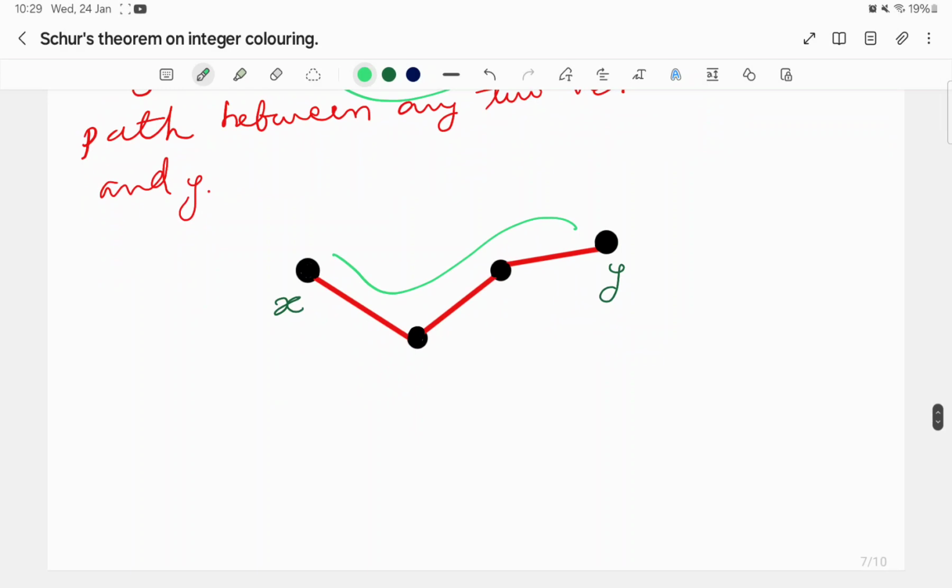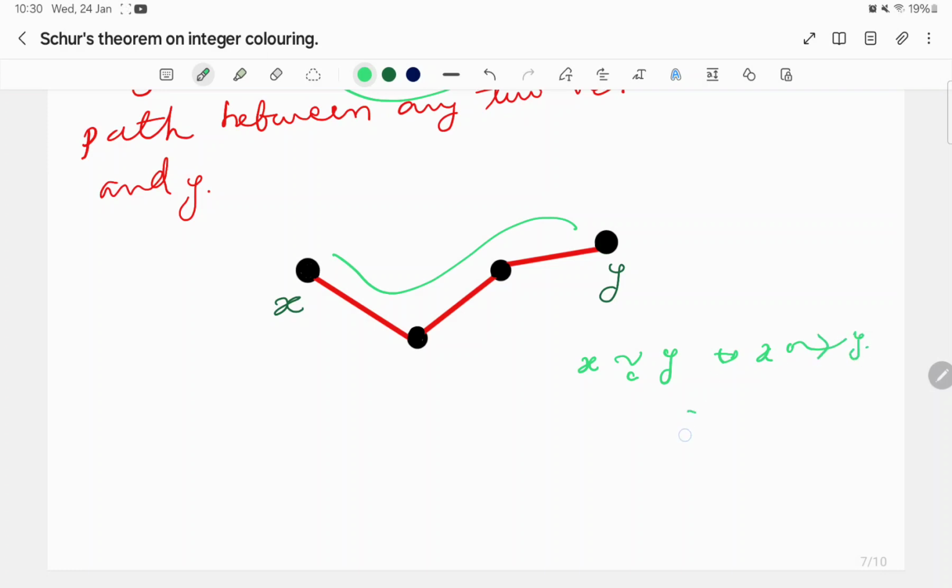One more way, connectedness can be defined in another way. Two vertices are connected if there is a path between them, and that is also an equivalence relation.